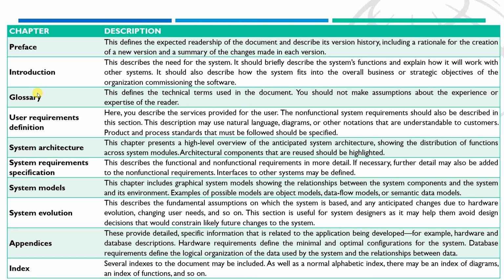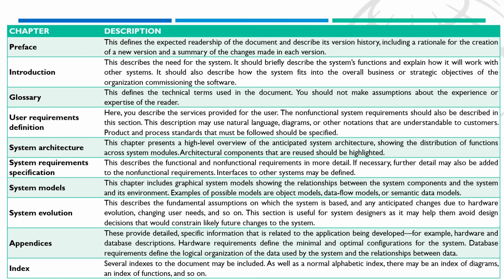And we have a table that shows one possible organization for a requirements document that is based on an IEEE standard for requirements documents. This standard is a generic one that can be adapted to a specific use. In this case, the standard has been extended to include information about predicted system evolution.